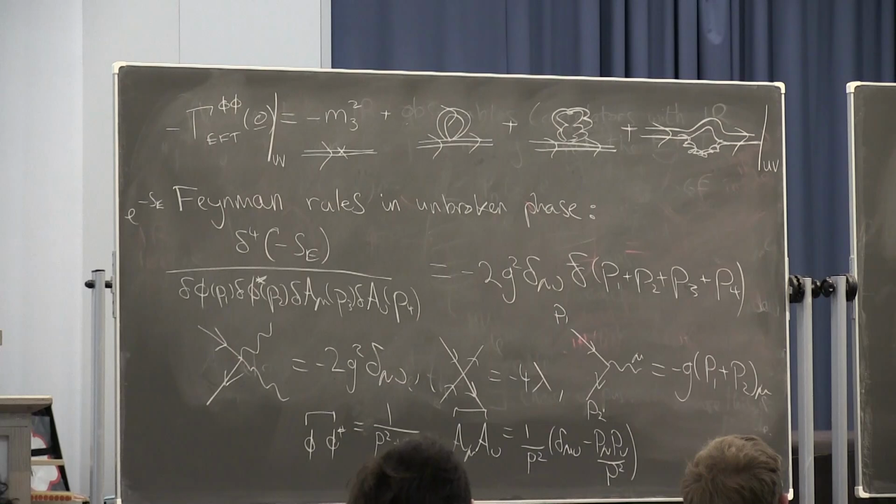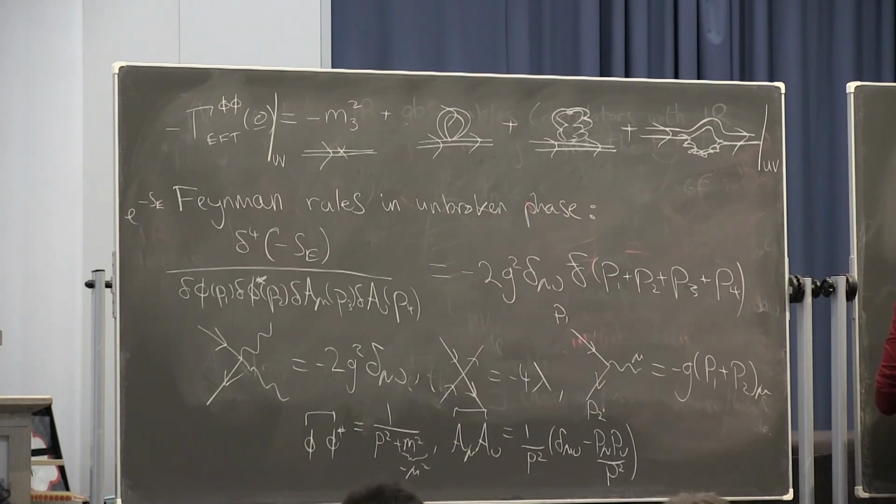And because we want the UV part, I can just not write down any m squareds anywhere, because I'm going to project that out by power expanding. So I'm just going to drop m squared everywhere in the integrand.